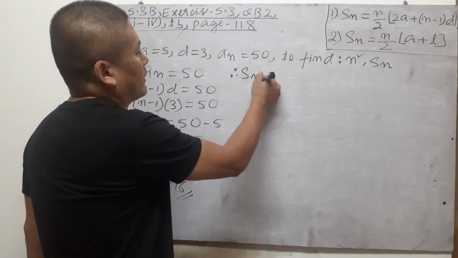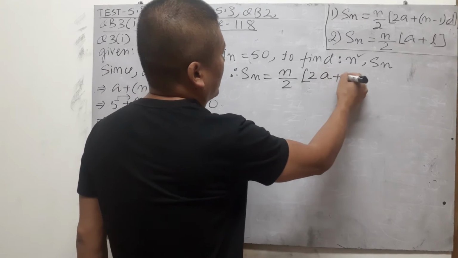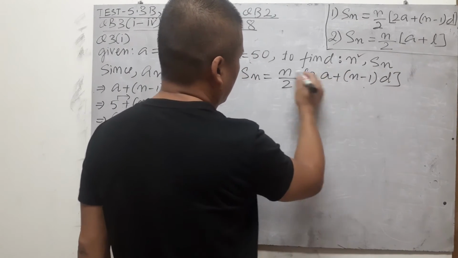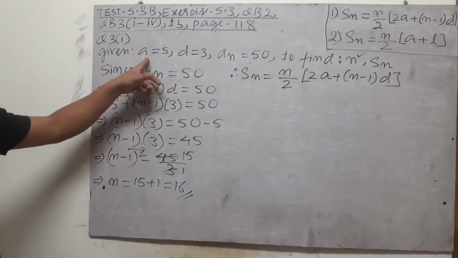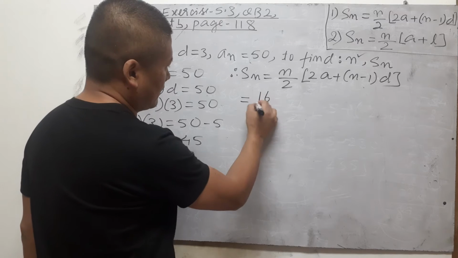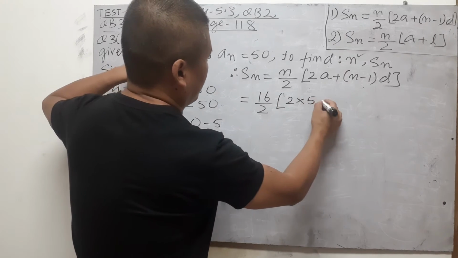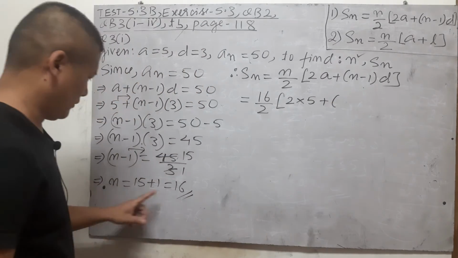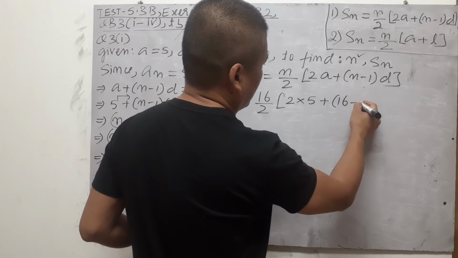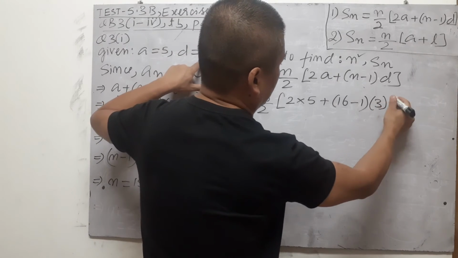Therefore, the Sn formula, the first one, is n by 2 into (2a plus (n minus 1) into d), because a, n, and d are there. n is now found out, 16, divided by 2, then 2 into a, here 5, plus n, as we can see 16, minus 1 into d, and the d value is already given as 3.